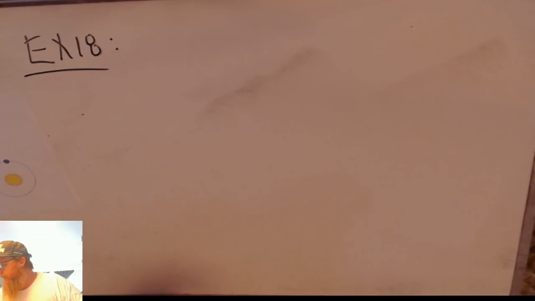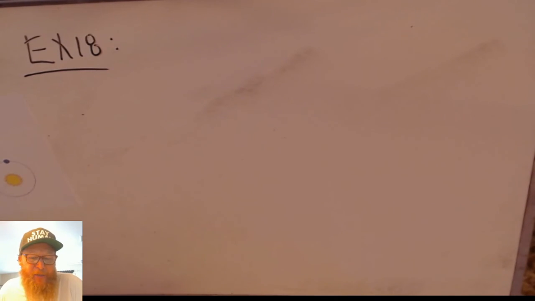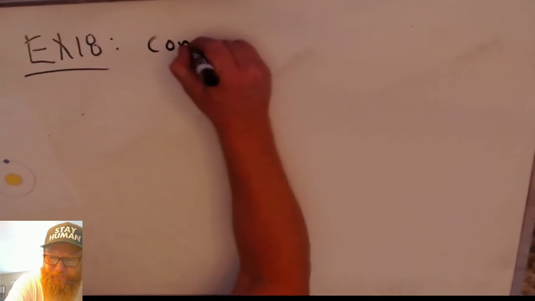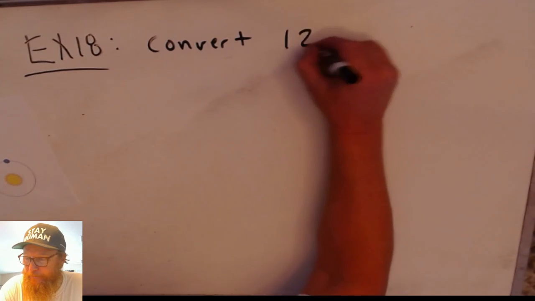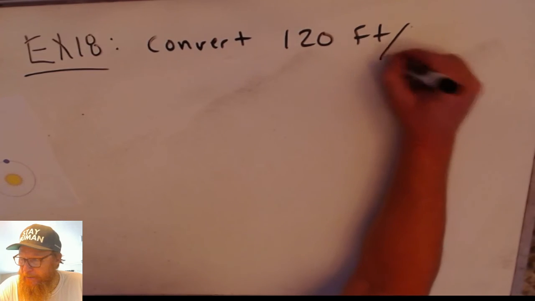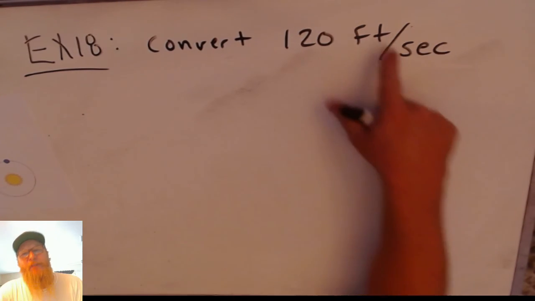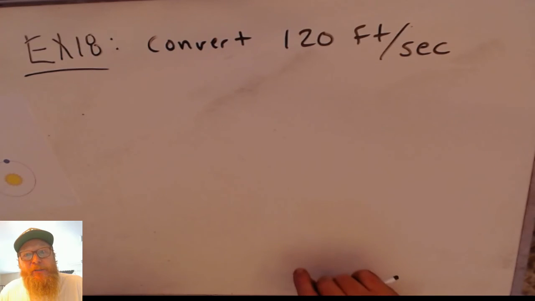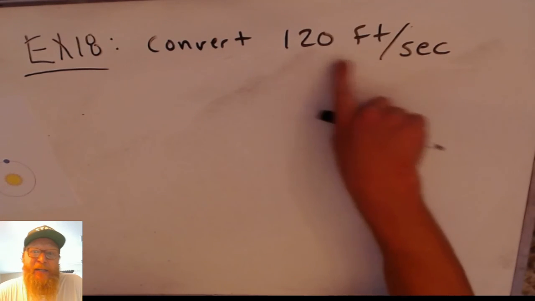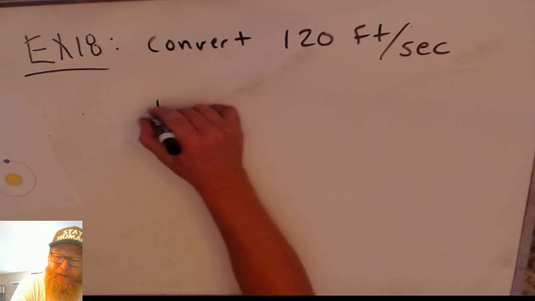But have you ever done a math problem, and you'll probably do a lot of these next semester, where the answer is in feet per second. So it's again a rate, going back to what we were talking about earlier in chapter 6. This is a rate of speed, 120 feet per second.